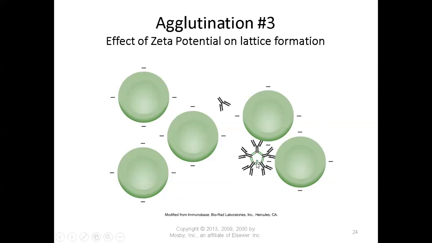It looks like a pentamer. Hopefully you're going to say IgM. We could see how an FAB is binding to an epitope on this red cell, and then the FAB of that same IgM is binding to an epitope on another red cell, and that's what we mean by cross-linking. So that's what's going to enable us to see the agglutination of the red cells coming together. They look clumpy.